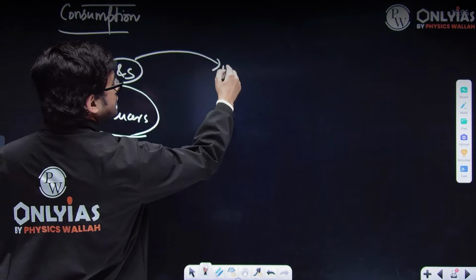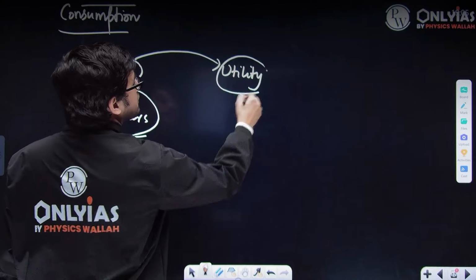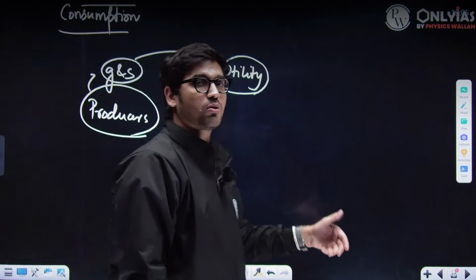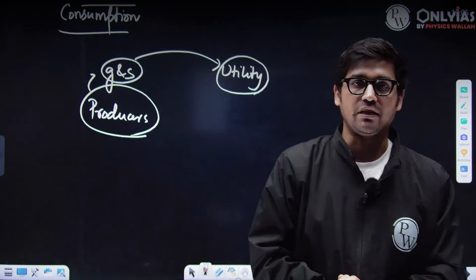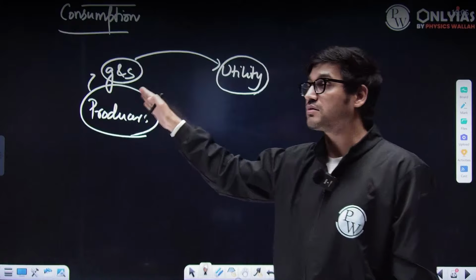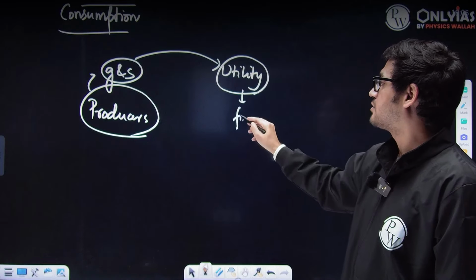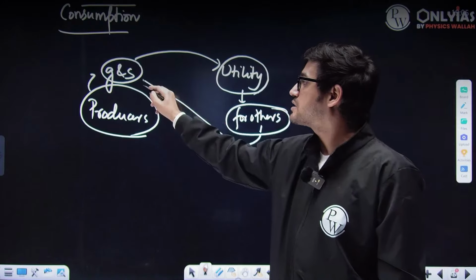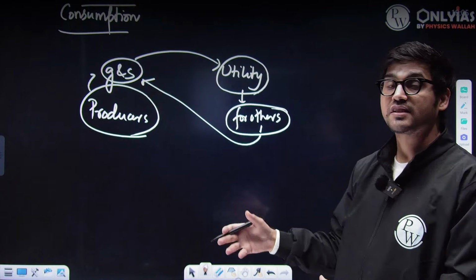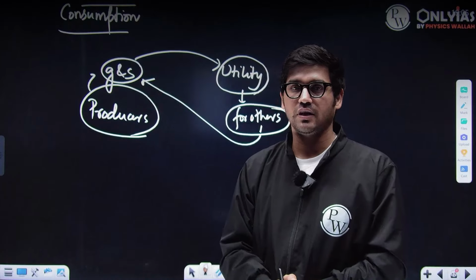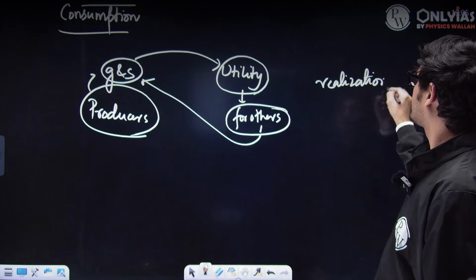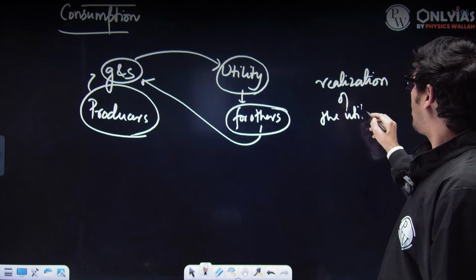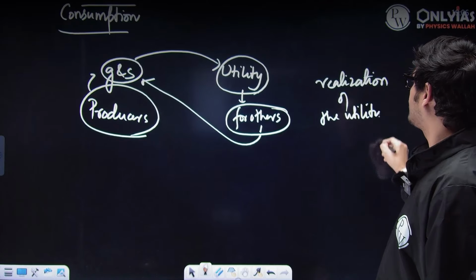These goods and services carry what we call utility, which is also called use value, which is also called need satisfying potential of an item. Now, these goods and services carry utility for others. When these others realize the utility of goods and services, this is called consumption.